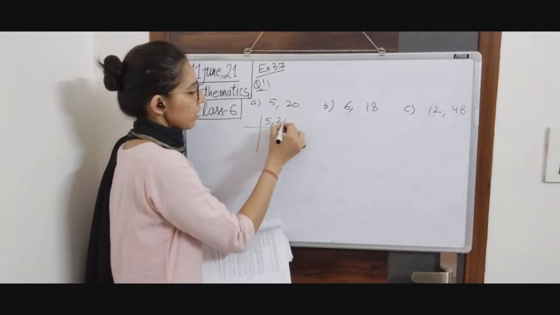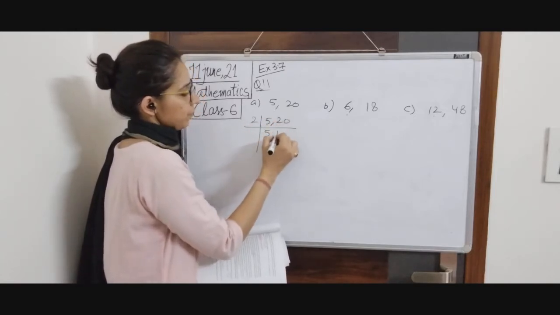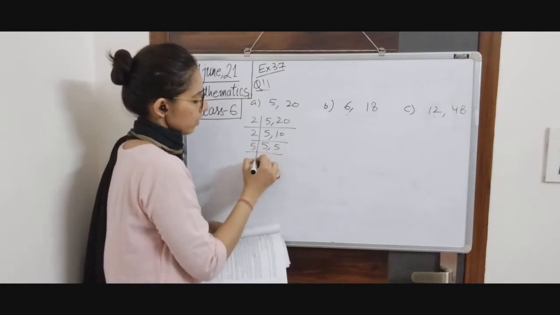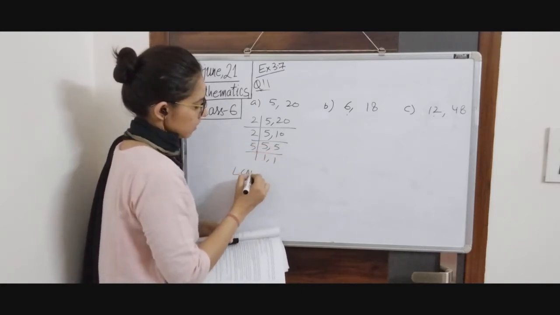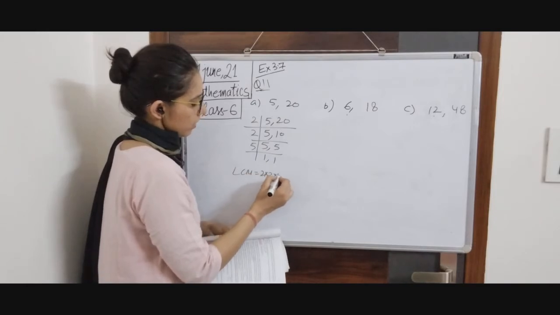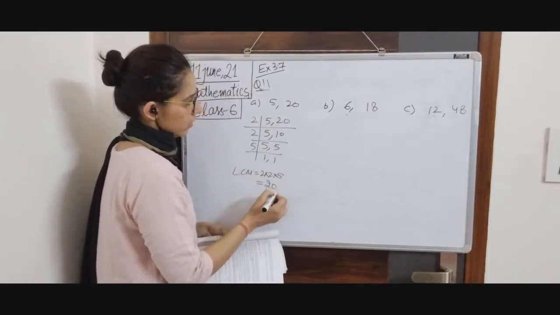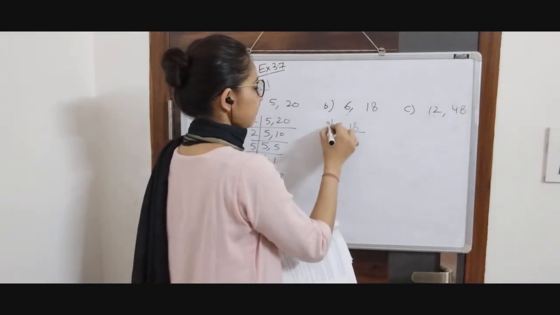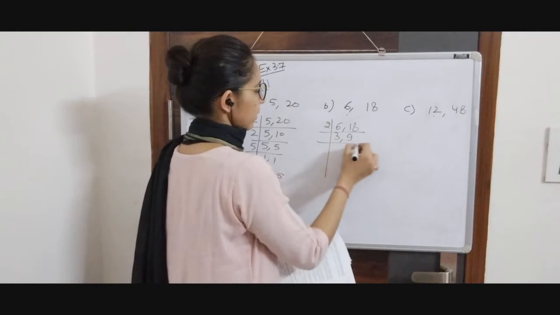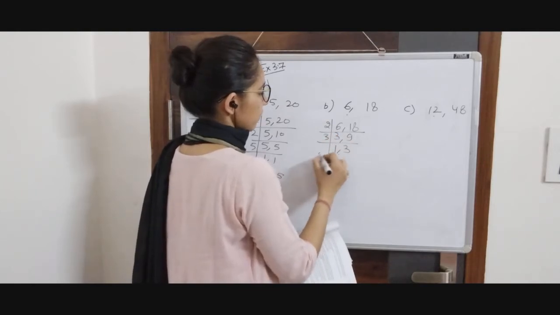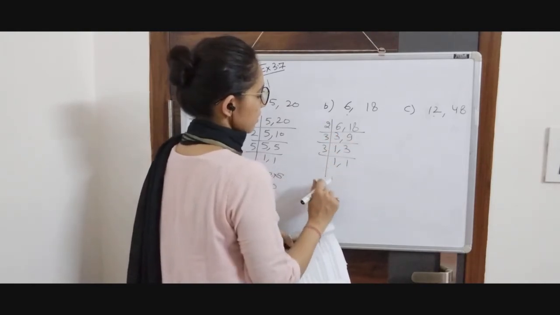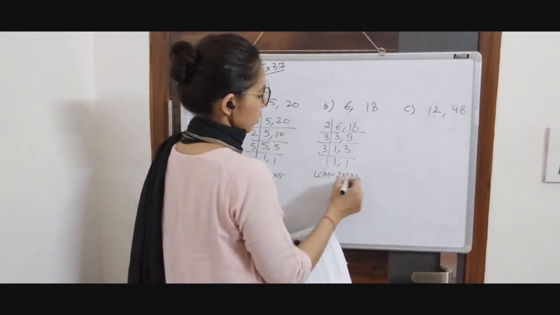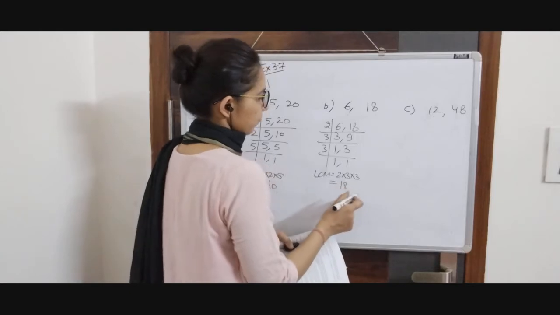LCM of 5, 20. We will start with 2, 10, again with 2, 5, then 5. Okay, LCM is 2 into 2 into 5, that is 20. For 6, 18: 2 3s are 6, 2 9s are 18, 3 1s are 1, 3 3s are 9, 3. LCM is 2 into 3 into 3, that is 18.